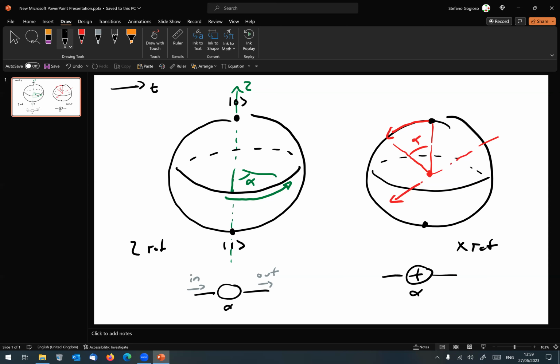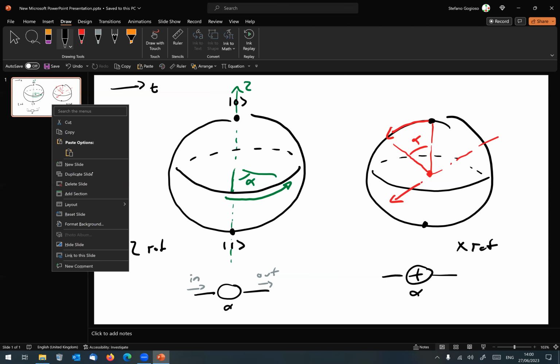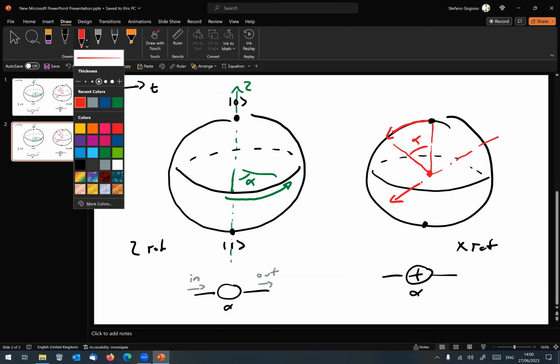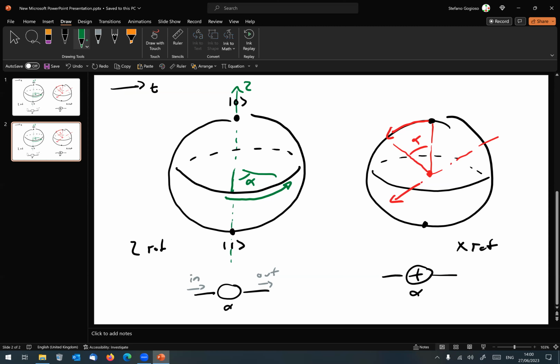Now, these rotations by themselves, there's not much that I have to do other than observe that if I have any one of them and I do a second rotation about the same axis, so say about the z-axis again, by a different angle, say beta, the angles add up.